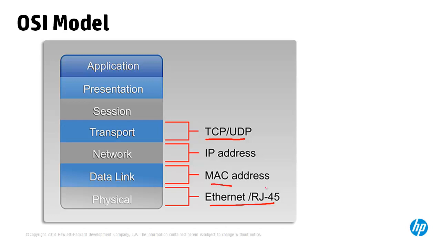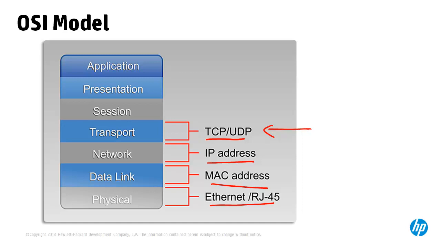At layer 2, we have MAC addresses. On Ethernet, on WAN interfaces, other encapsulation types such as PPP and frame relay may be used. At layer 3, we have IP addresses. TCP and UDP provide different functions, but once again reside at layer 4 in the OSI model.